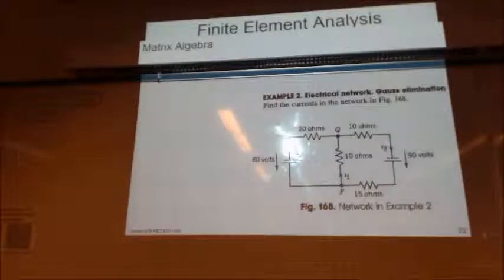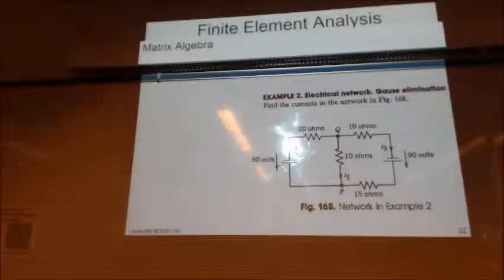Okay, so application. How do we put this all to work? Right? Kirchhoff's Law. Anybody remember Kirchhoff's from basic electricity? We hope, right? Basically saying 2 things: conservation of current and conservation of voltage.